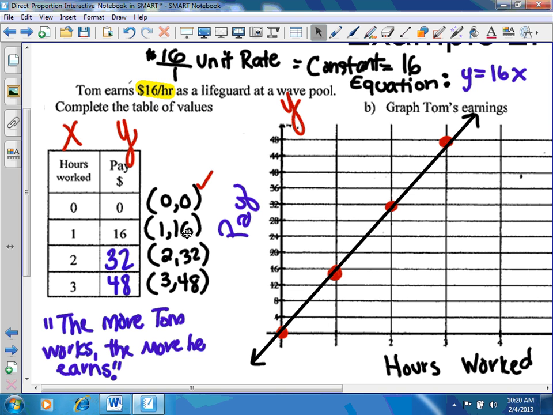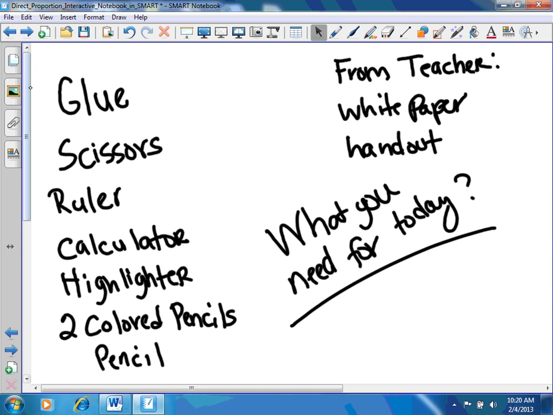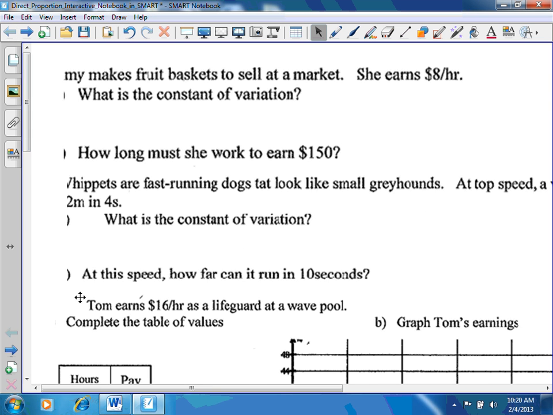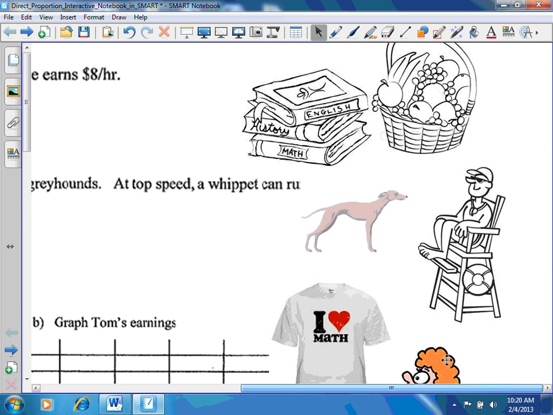Okay, the next thing I want you to do is cut out, looking at your pictures over here, who goes with that problem? Where's Tom, the lifeguard, the one sitting in the chair?